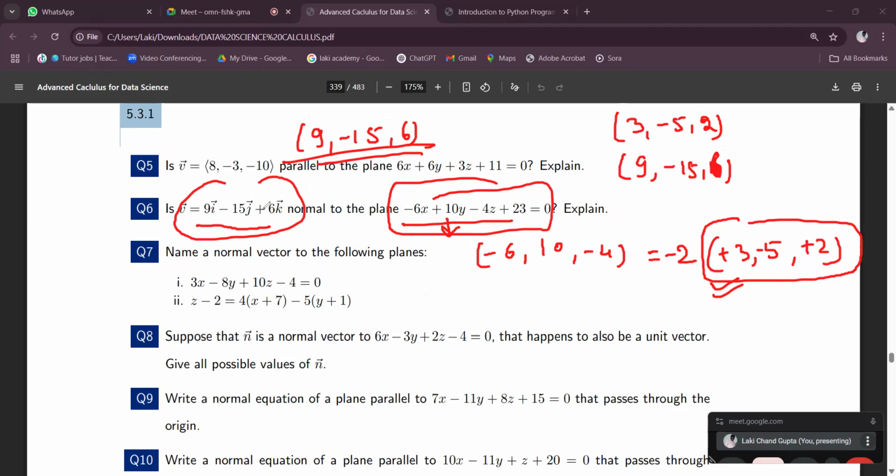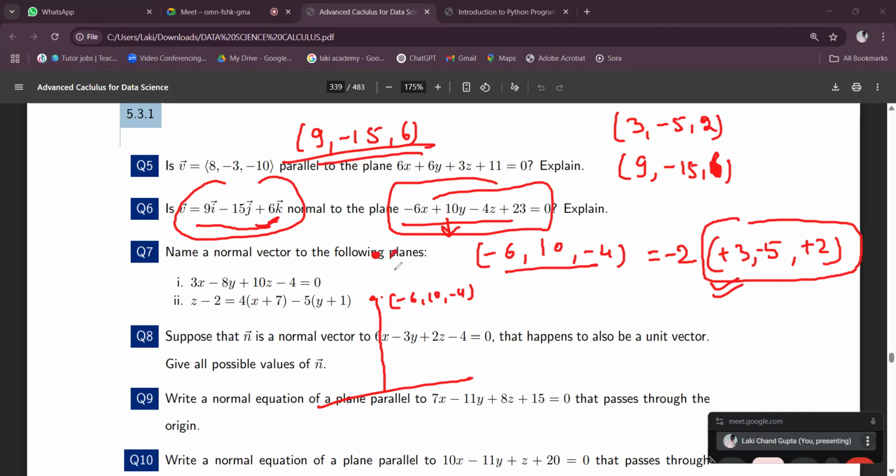It only means that this plane is on the same line, only their distance differs, they are far from this point. So here you are getting what? Minus 6, right? So take -2, -3/2.